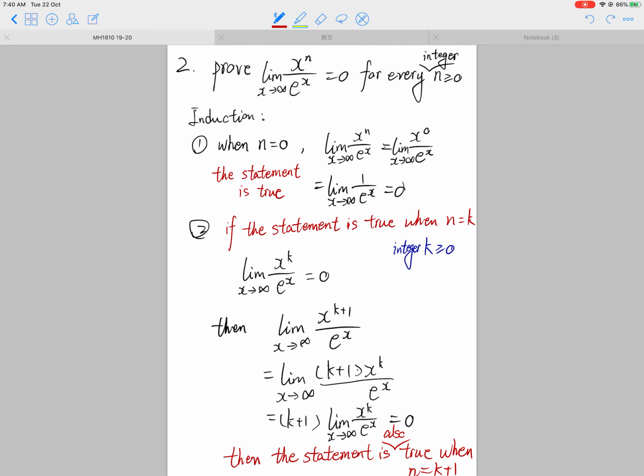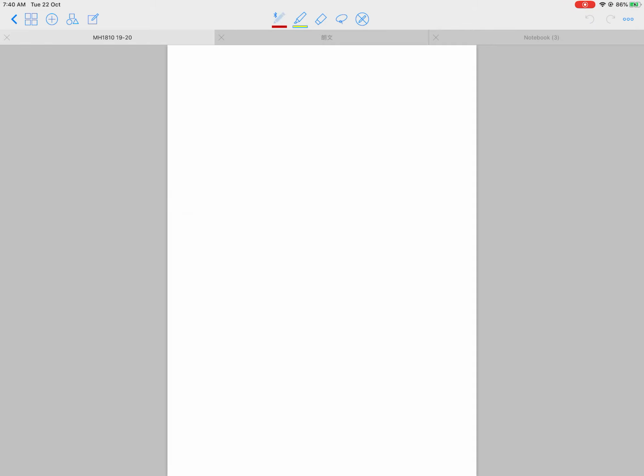Then by mathematical induction, you know that the conclusion is the statement is true for all integer n greater or equal to 0.